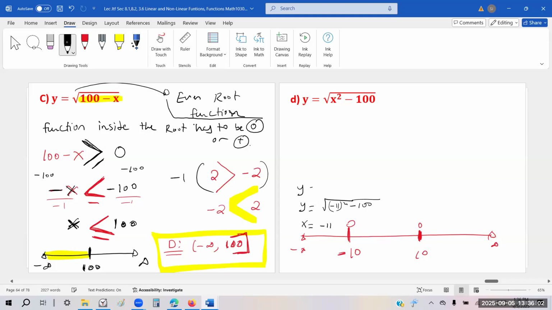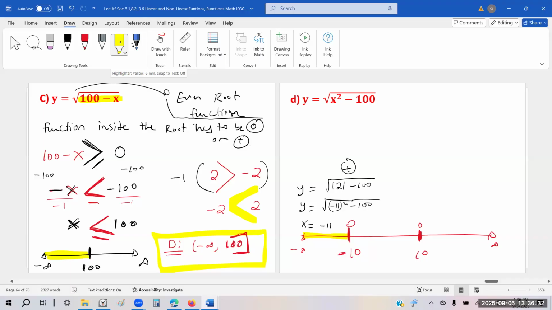So we have y equals 121 minus 100. Is it positive or negative? Positive. So can you substitute anything from here? Yes. Anything you substitute from this interval makes the inside positive. And positive is real, it exists. Only when you have negative, it's not real.